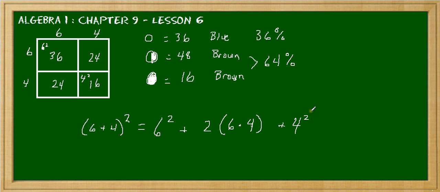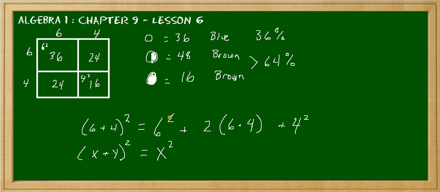Okay. Now, if we were to replace 6 and 4 with variables like x and y, let's do that. So we have x plus y. What would that mean? And we're going to square it. Well, we would have the first term, which was the 6, is now x. We could then say that's x squared, right? We're just simply replacing the number with a variable.